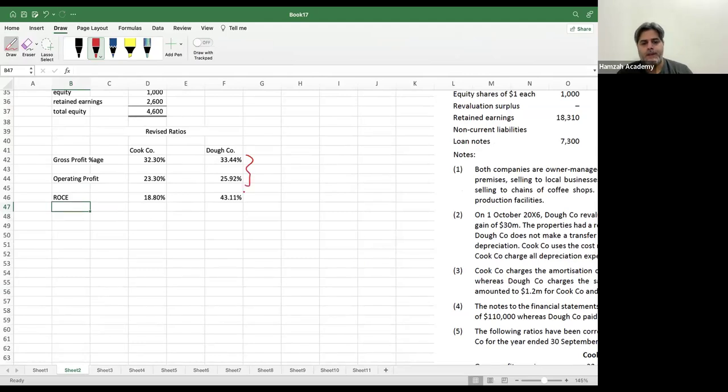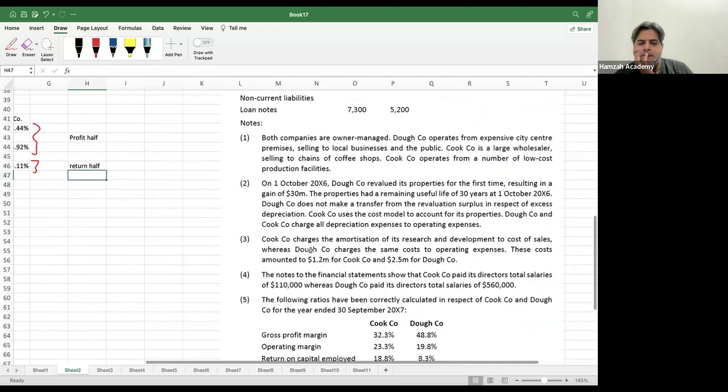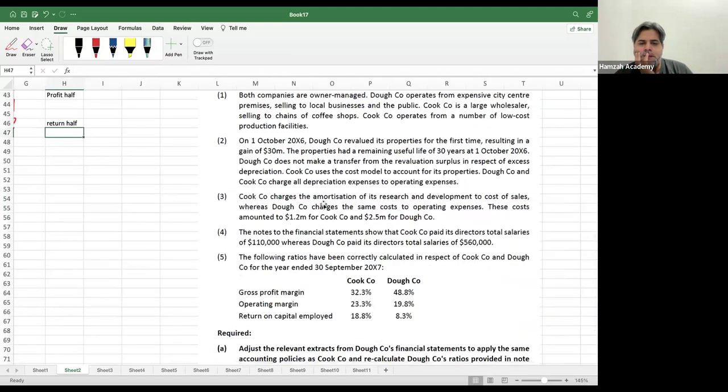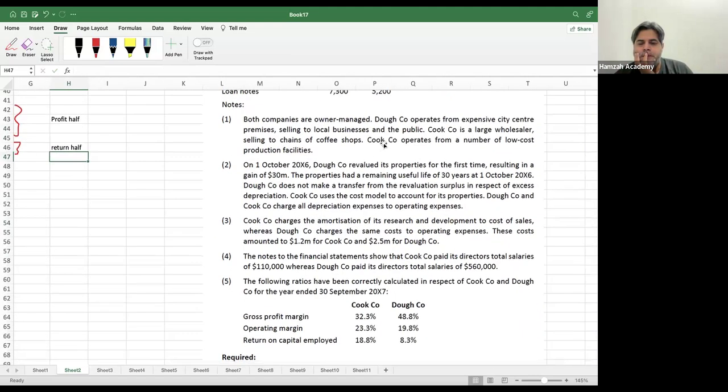Overall speaking, this is one half, the profit half, and this is the ROCE, or the return half. So technically, I can simply start by saying that if you look over here, Cook Company operates a number of low-cost production facilities. Cook Company is a large wholesaler over here.